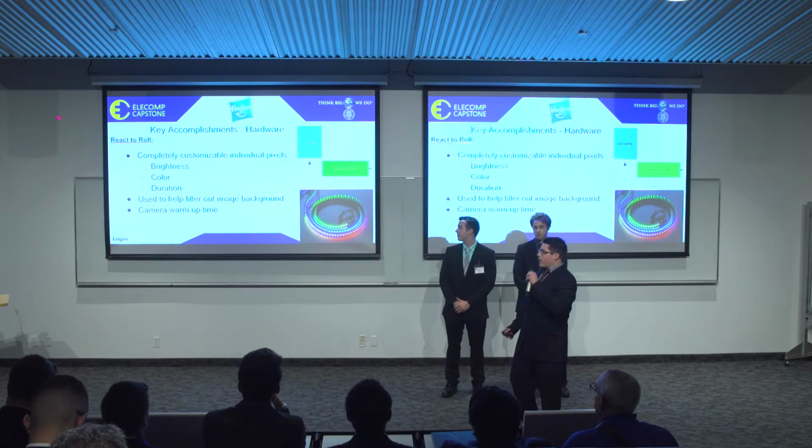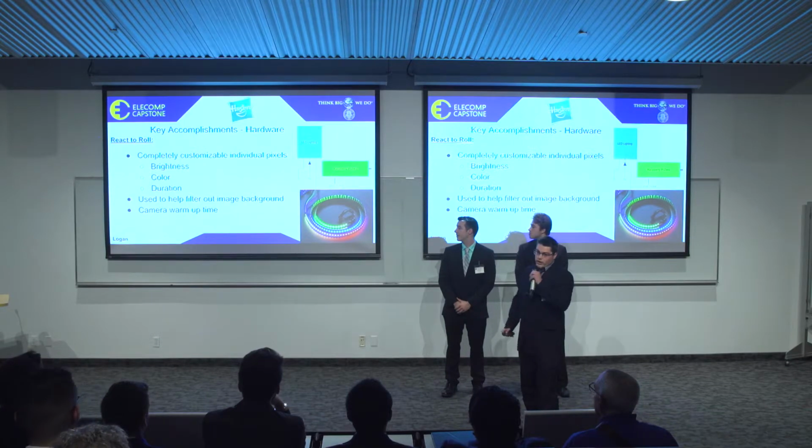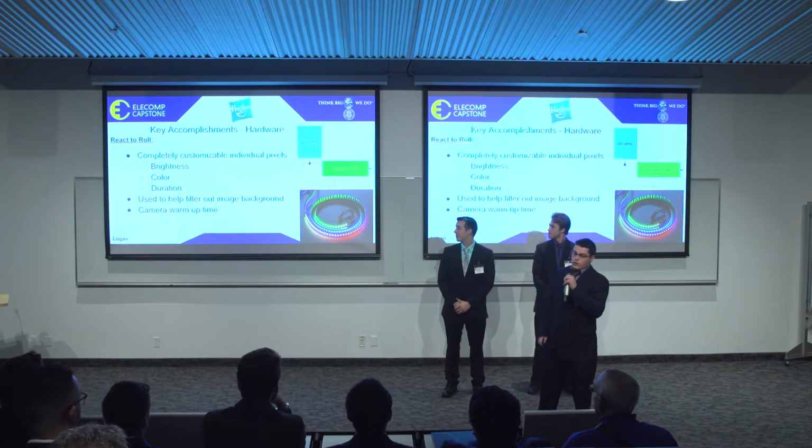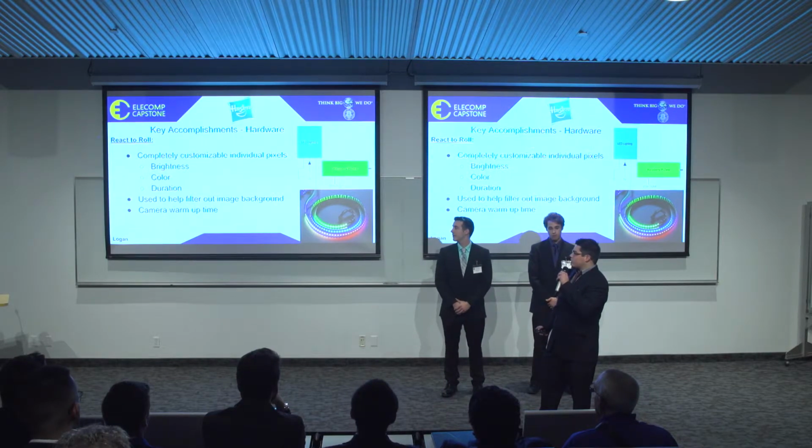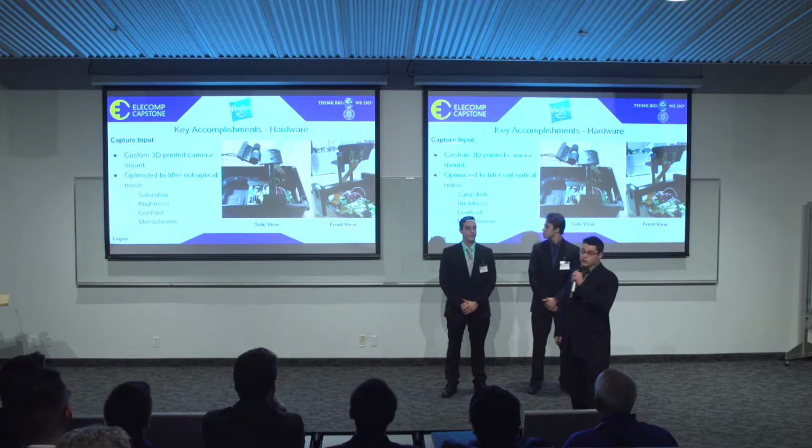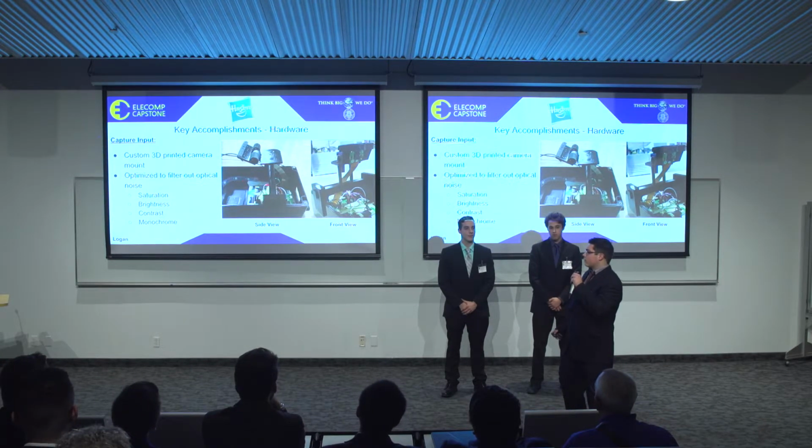Goal number two, to react to the roll. After the Raspberry Pi board has realized that a roll has occurred, we begin to illuminate the play surface with LED strip lighting. These lights allow the camera to warm up and focus on what it needs to capture, which brings me to the third aspect of our project, capturing the input for the software side.